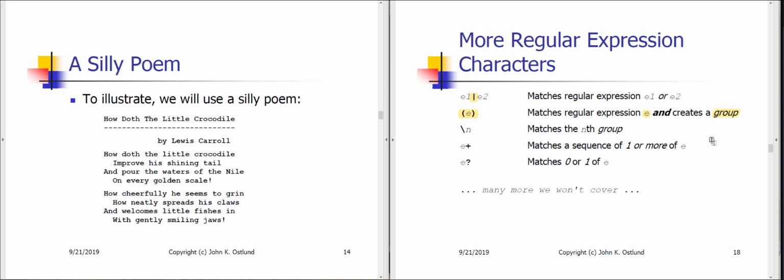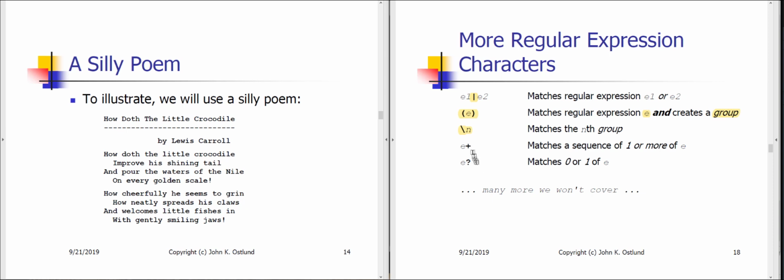These pattern groups are numbered from group 1 through group 9, and I can refer to a particular group by using backslash followed by a number. So backslash 1 would match group number 1, backslash 2 would match group number 2, and so forth.